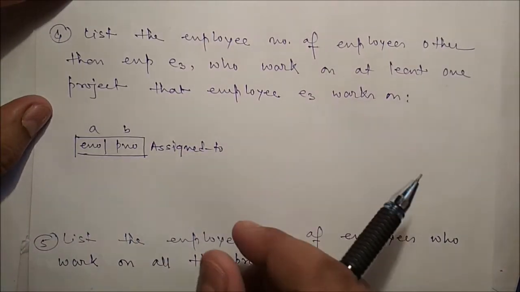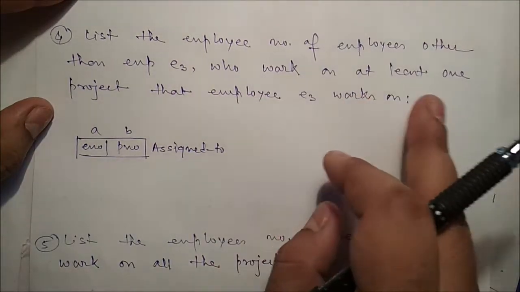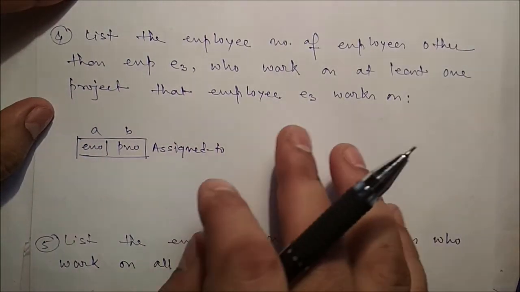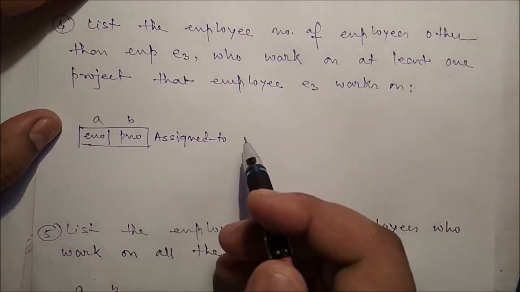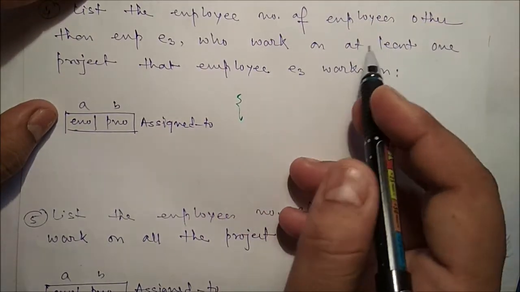Next, list the employee number of employees other than employee E3 who work on at least one project that employee E3 works on. Okay, so we can implement it very easily. Say we need the employee number of employee.